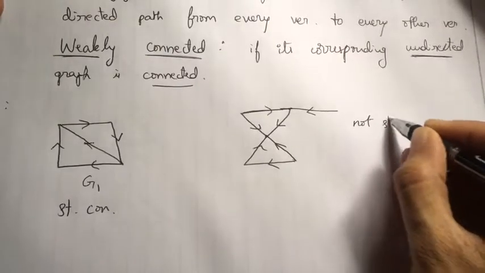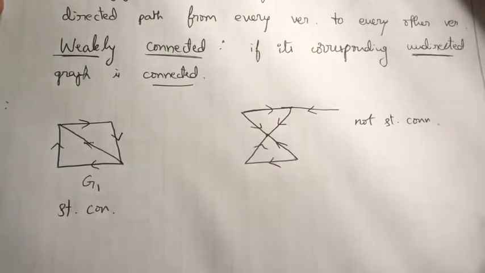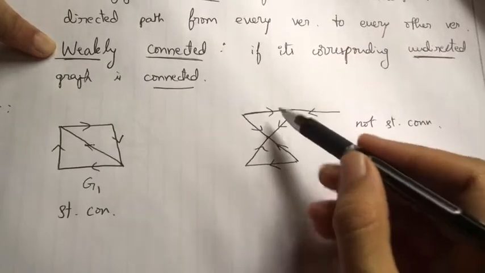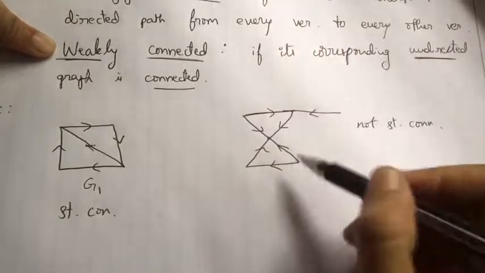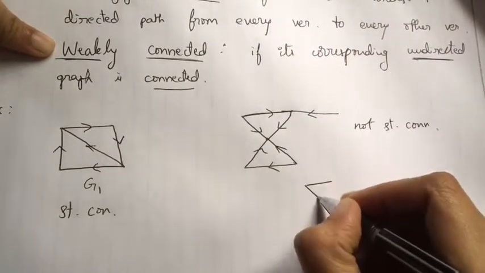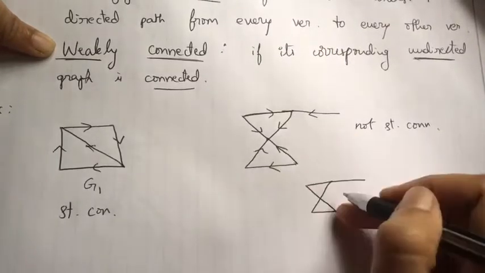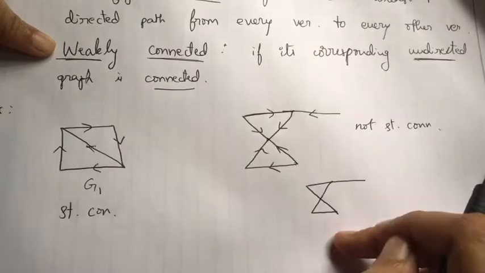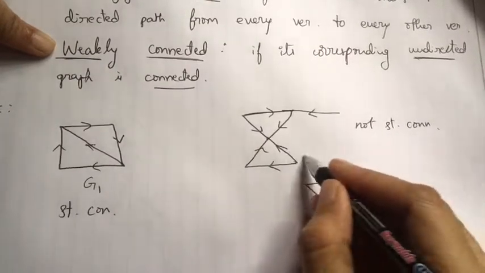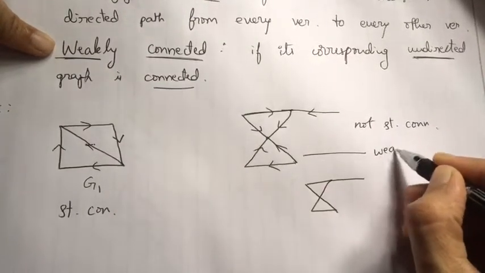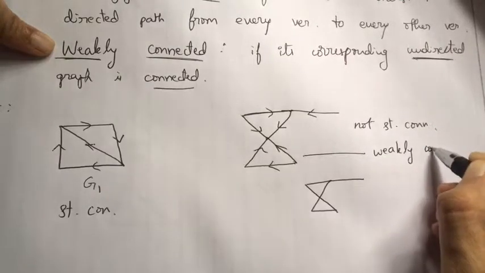To check that, I just have to take up its undirected graph. This is its undirected version. So this is connected now. Therefore, I can say that this graph is weakly connected.